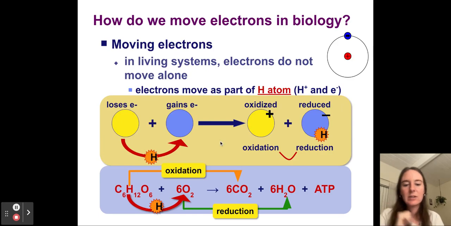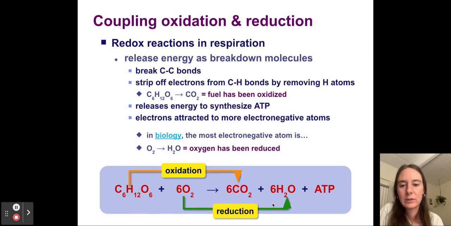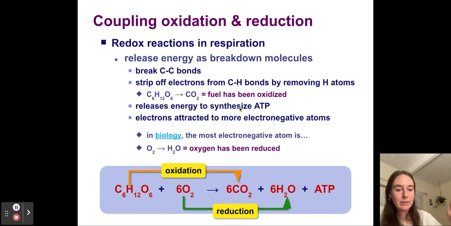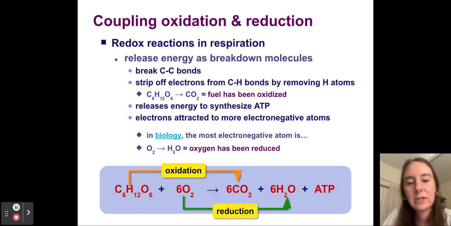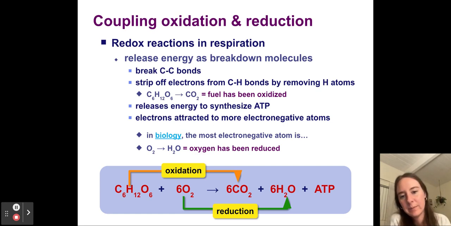They're going to go to your oxygen, and that will reduce your oxygen. So here we have our glucose, and the glucose has lost hydrogen, so you are oxidizing your glucose. And this releases energy. When you're ripping off those hydrogens, it causes a release of energy, and that energy now goes, like we learned before, to make ATP.